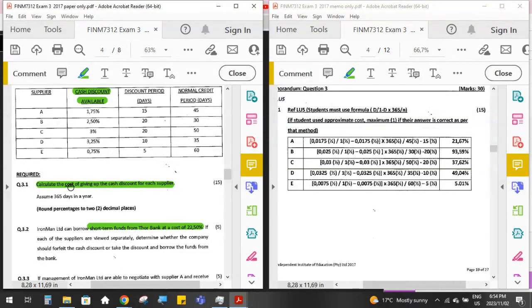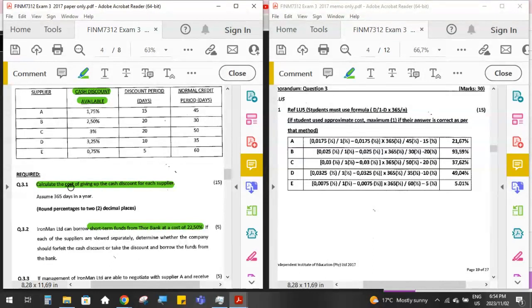And that formula is just D times 365 over N. There are 2 different formulas. The first one is the cost of giving up the discount. The second one is the approximate cost of giving up the discount. You have to memorize both of these because they are not on your formula sheet.